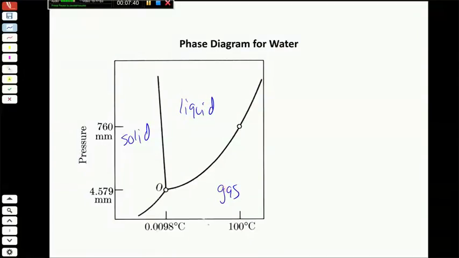So again, these lines on the diagram divide up the solid, liquid, and gas regions. And then we can talk about some of this in a little bit more detail. So I'm going to highlight in red here this line. The one that I highlighted in red is the solid-liquid line. And we would use that line to predict the melting point at a variety of pressures.